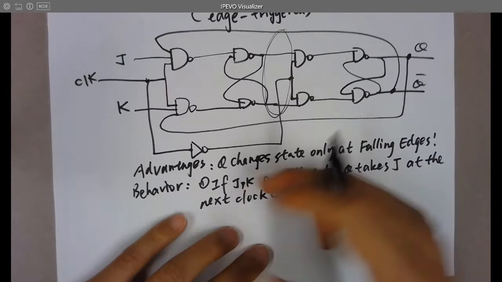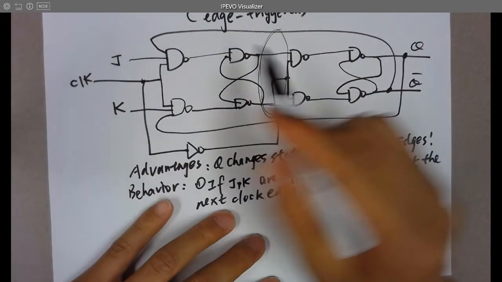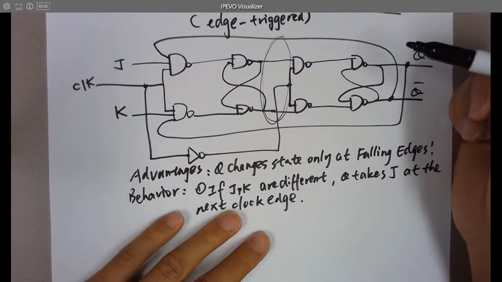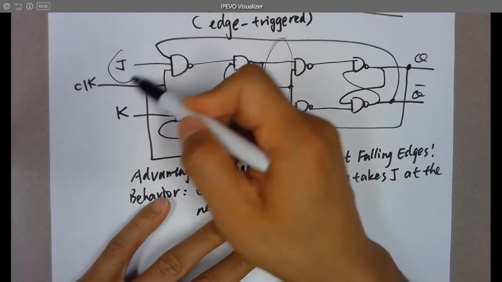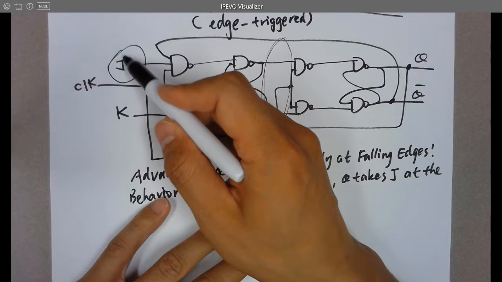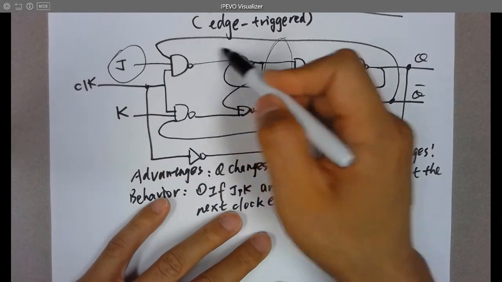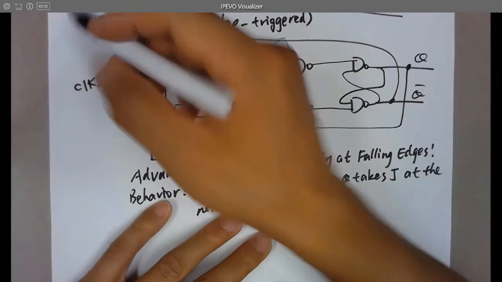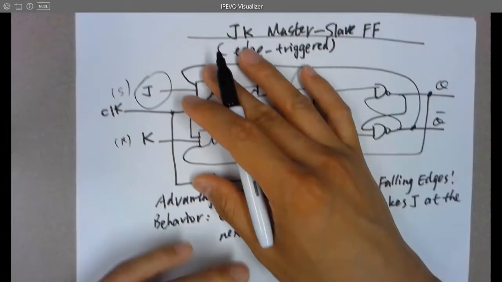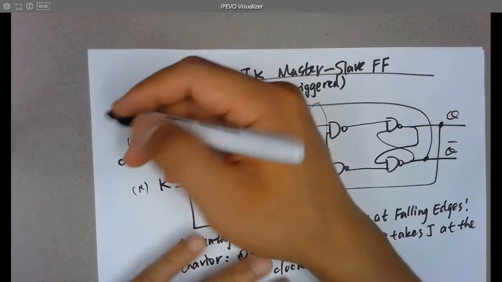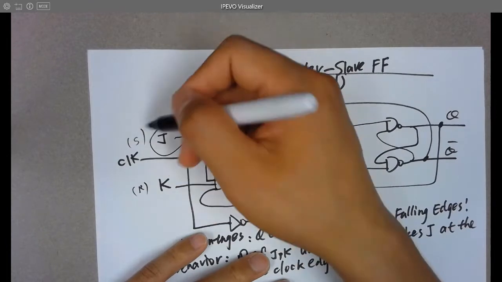So actually it's the same as the SR flip-flop. For the JK flip-flop, whatever J is gets passed to the output. You know, because J is actually S. This is R. It makes sense because I think we summarized this previously.